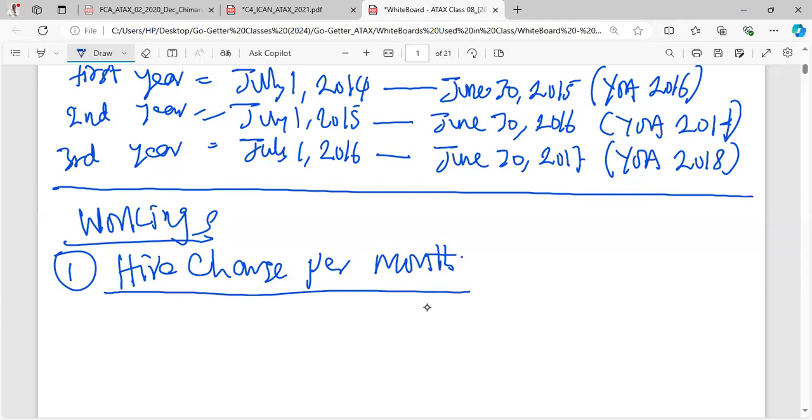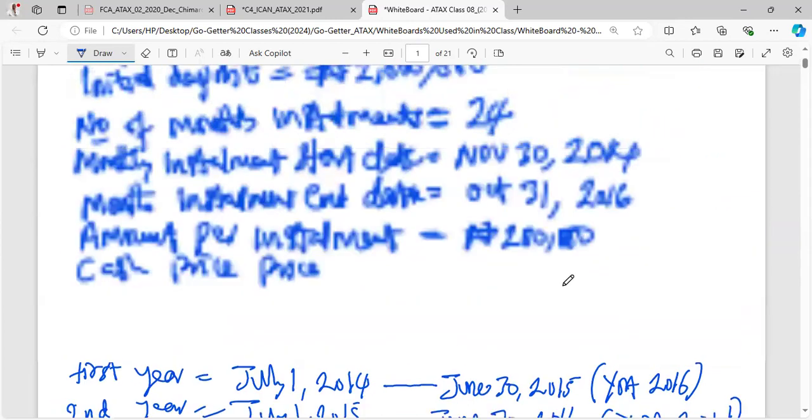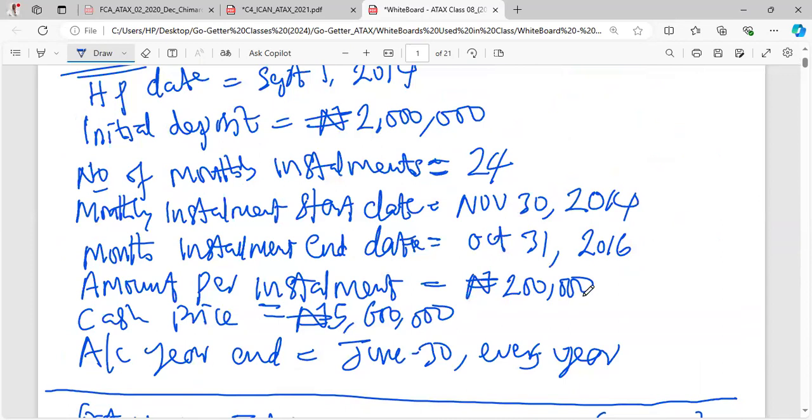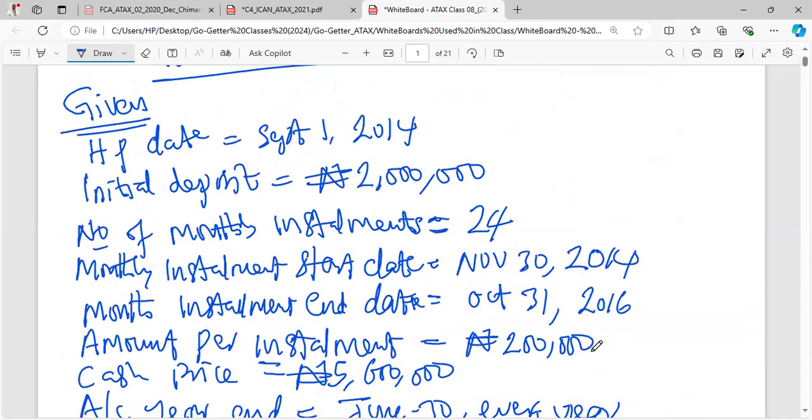This is because this 200,000 that you are paying contains both capital payments and interest payments, or we can say the higher charge.